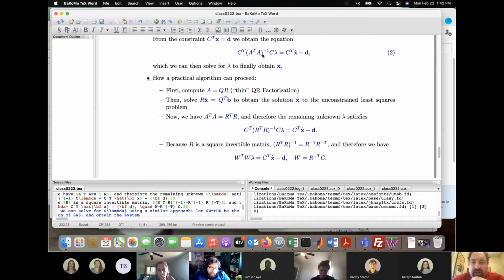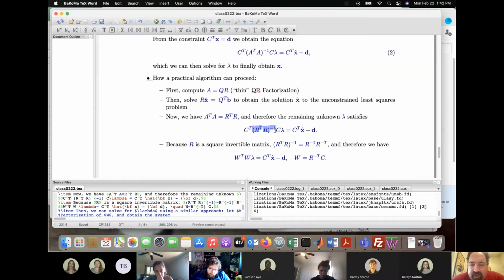I could not talk about the inverse of A or the inverse of A transpose. That's what the QR factorization buys me. So now, if I substitute that in here, I have the equation in this form, where W is R inverse transpose times C.